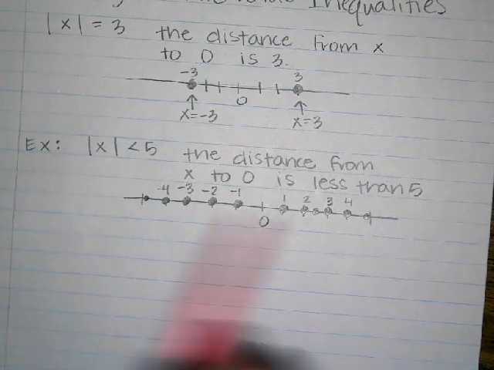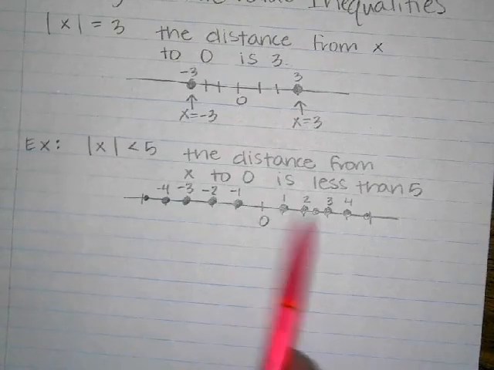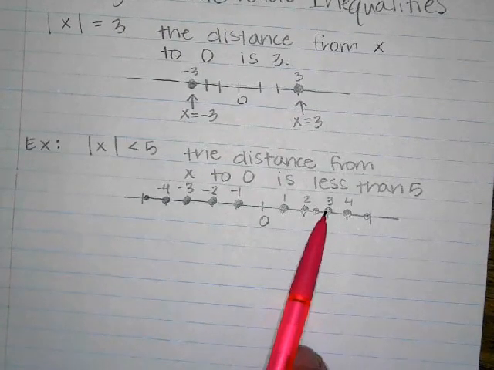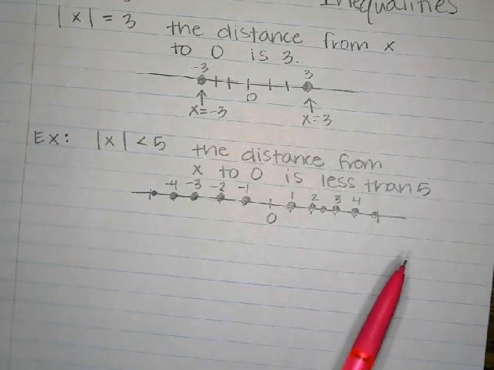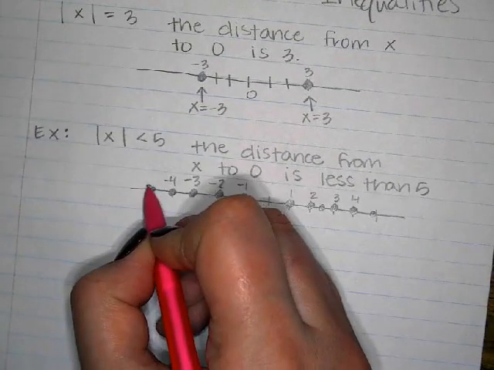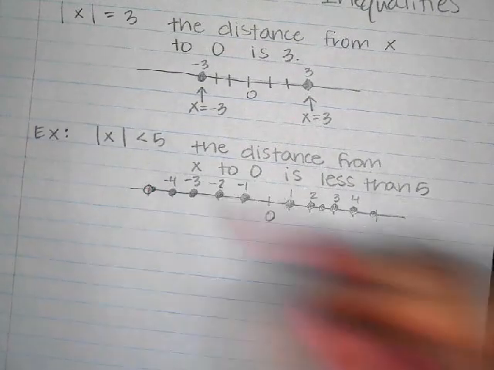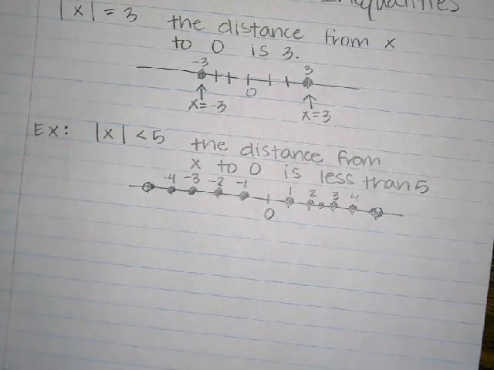But everything in between would be fine, because the distance between 0 and those numbers would be less than 5. Does that make sense? Okay, so I'm going to put a circle on the -5, and I'm going to put a circle on the +5, so I can't equal those exactly. That's why I don't fill it in.